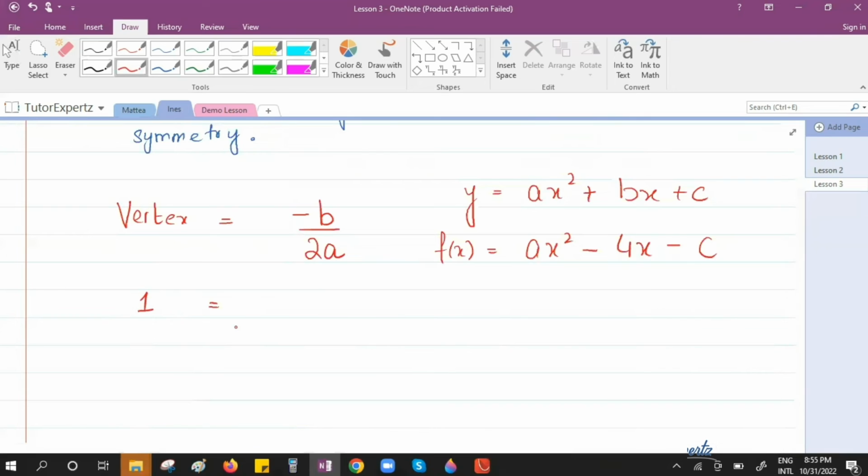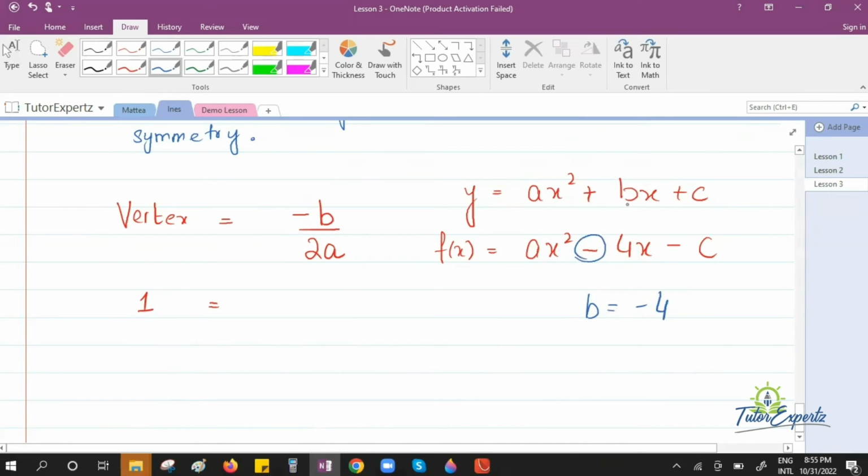The value of b is 4. It's not 4, it is minus 4. Because we have a minus sign here, b will come out to be minus 4, not x. x is just the variable, we do not consider x over here.